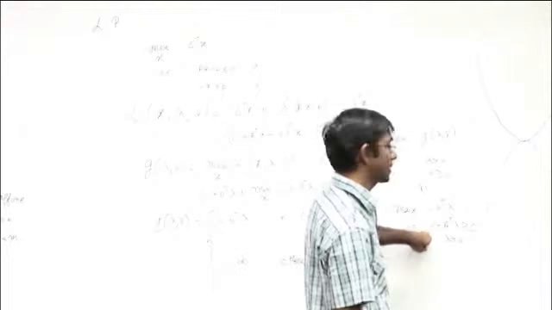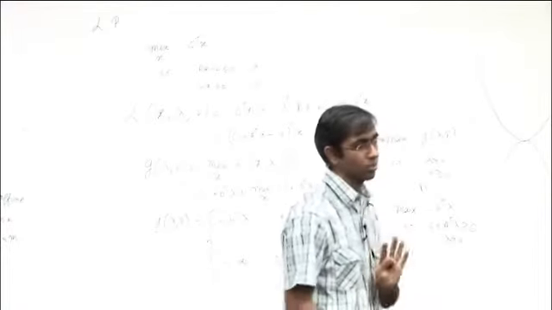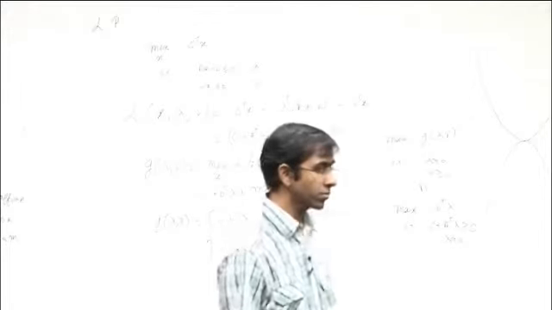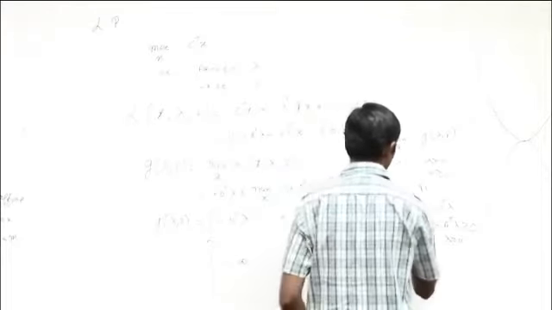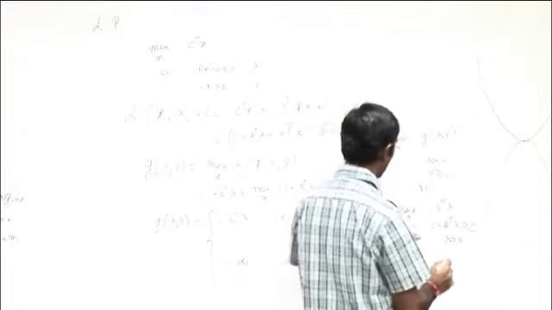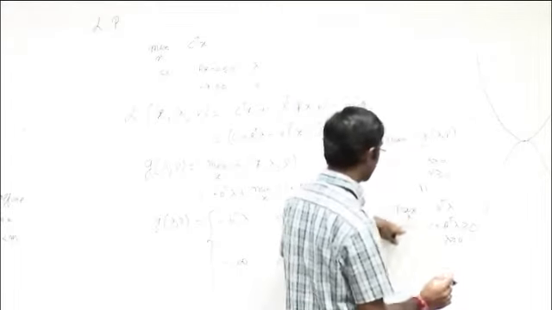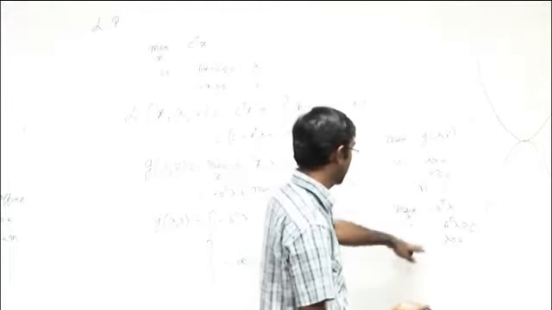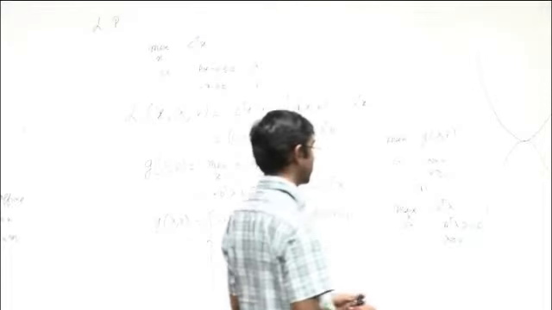Now I am saying exactly the same thing. So now my optimization problem is maximize minus B transpose lambda such that A transpose lambda is greater than or equal to minus C and lambda is positive.